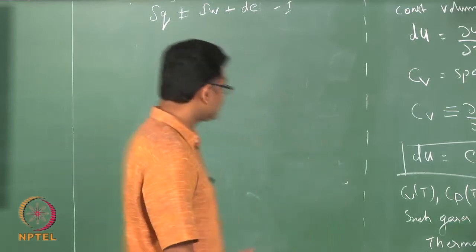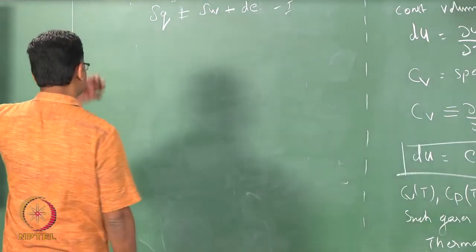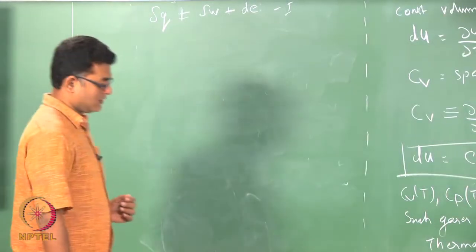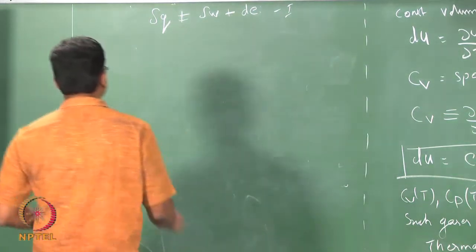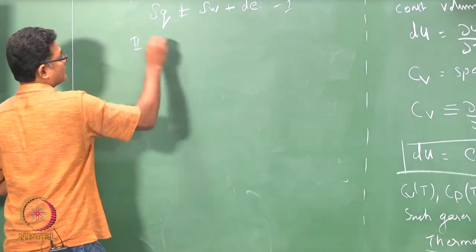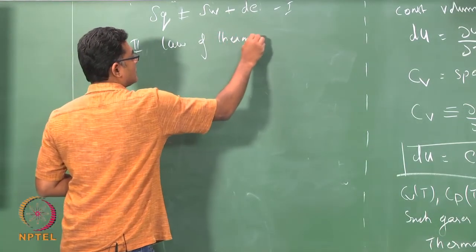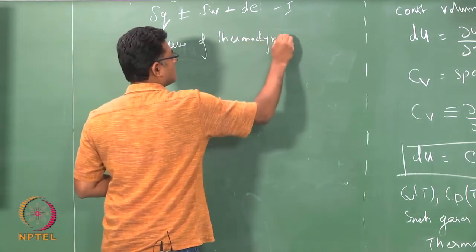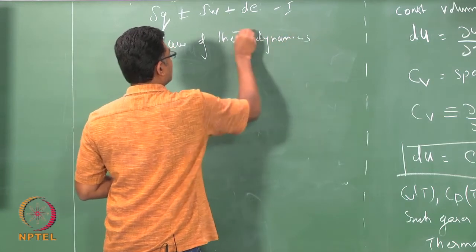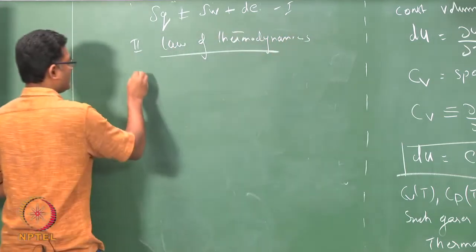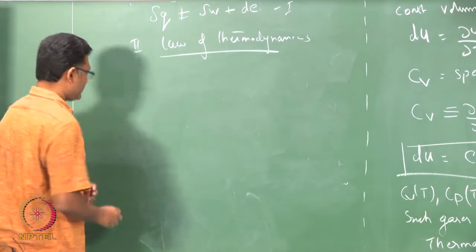In a reversible process, say from state 1 to 2, how do you define a reversible process?